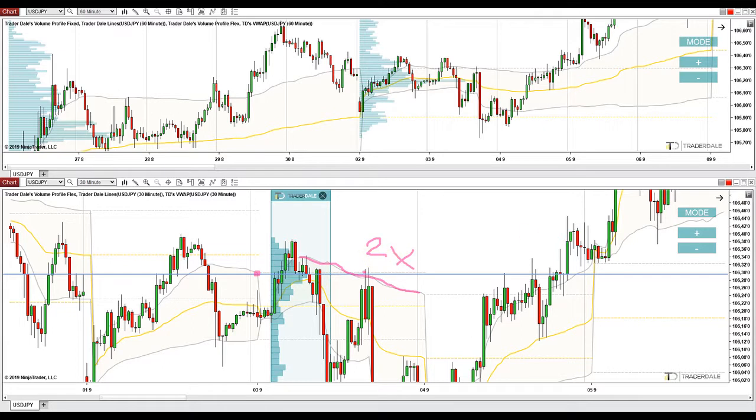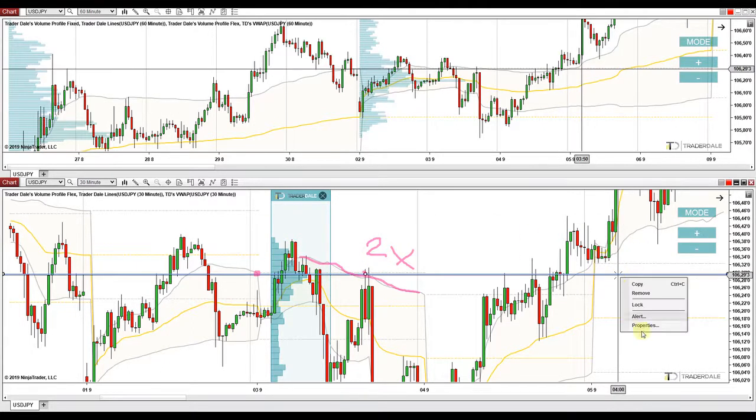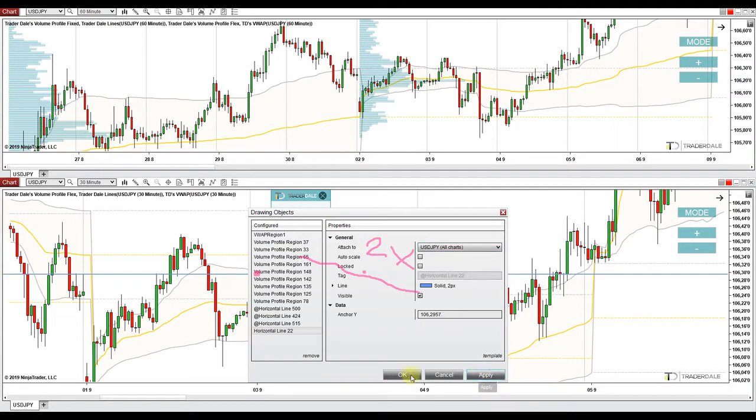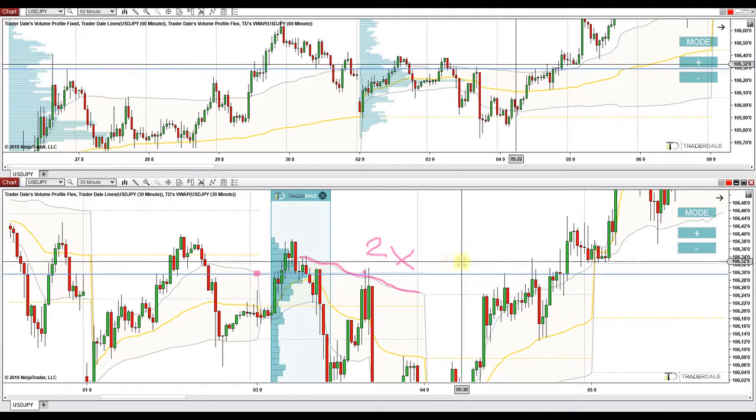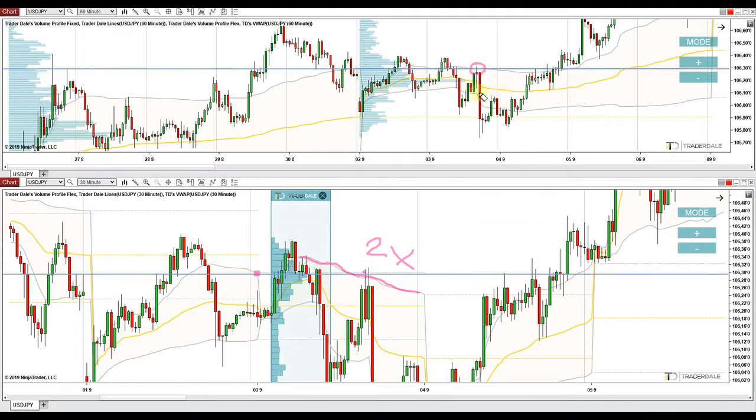And apart from that, let me just draw this line on the upper chart as well. Now in here, you can see also a very strong confirmation. We have the first deviation of the VWAP line in here, and also the previous week's deviation of the VWAP line. As you can see, they cross in this area.